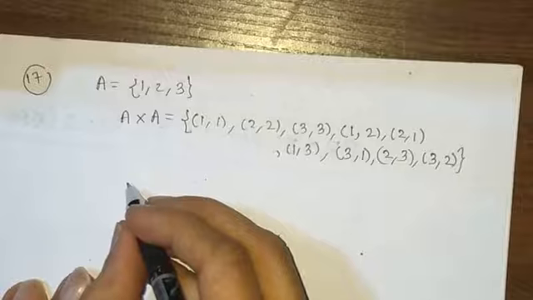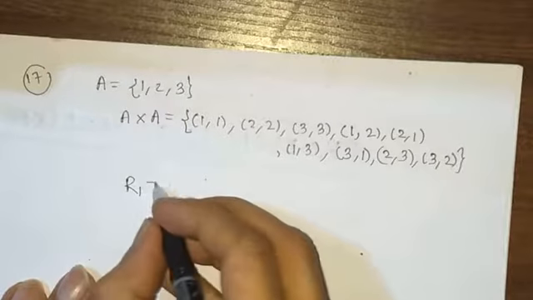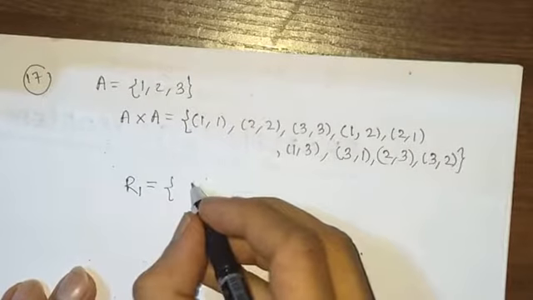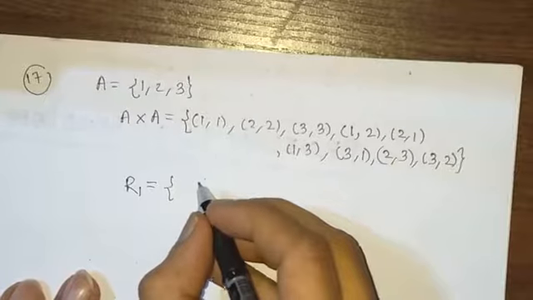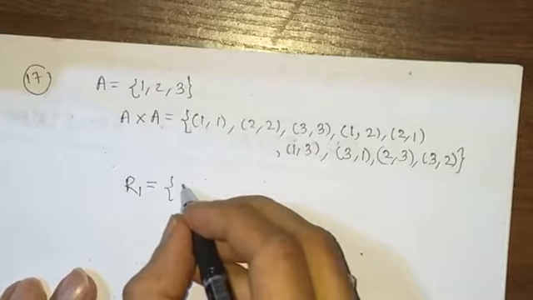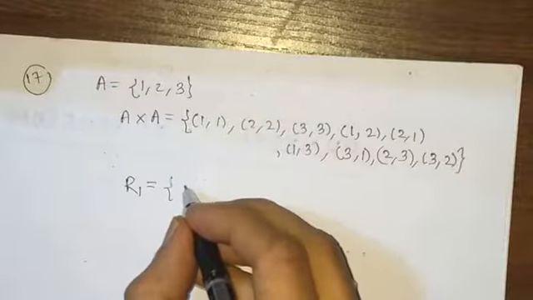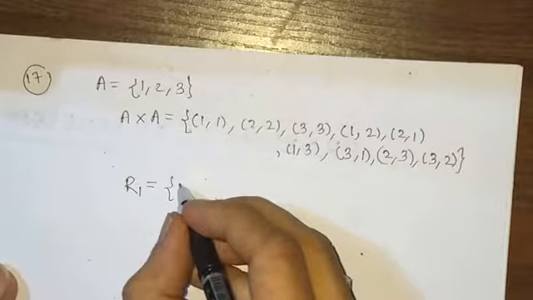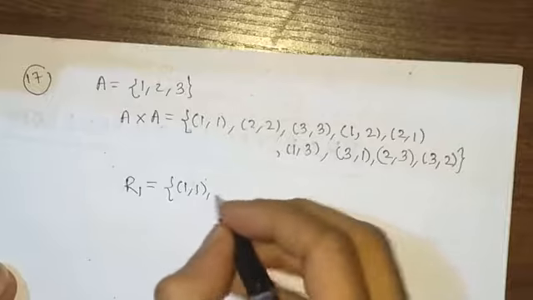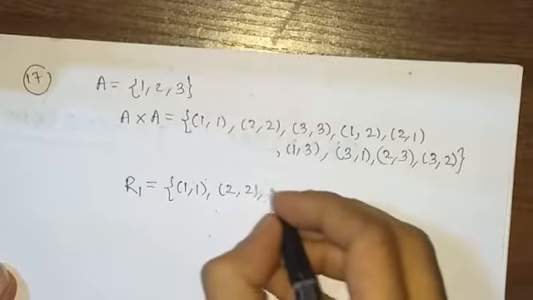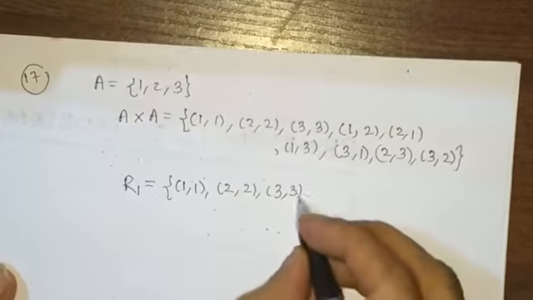So you consider R1 equal to what? Since the relation should be an equivalence relation, it should be reflexive, symmetric as well as transitive. Since it should be reflexive, that means 1 comma 1 should be there, 2 comma 2 should be there, 3 comma 3 should be there.